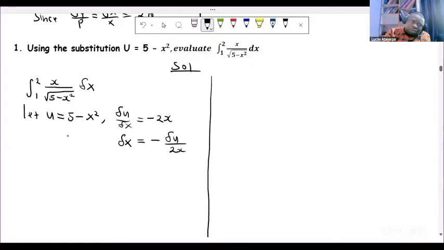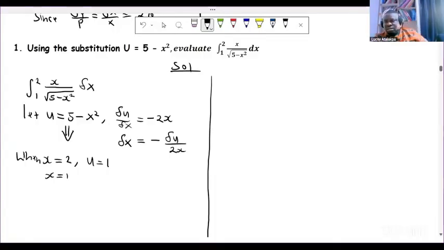From this equation, I want to make some assumptions. Now, when x is 2, what would our u be? If you put x to be 2 here, this becomes 5 minus 2 squared, which is 4. 5 minus 4 is 1. So our u is 1. What if x is 1?